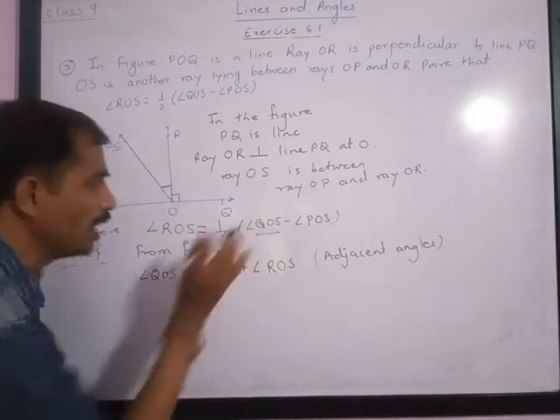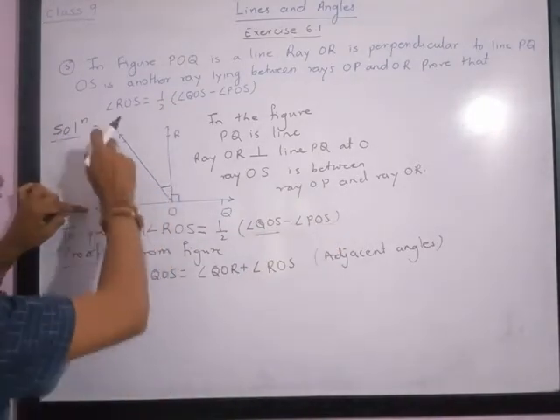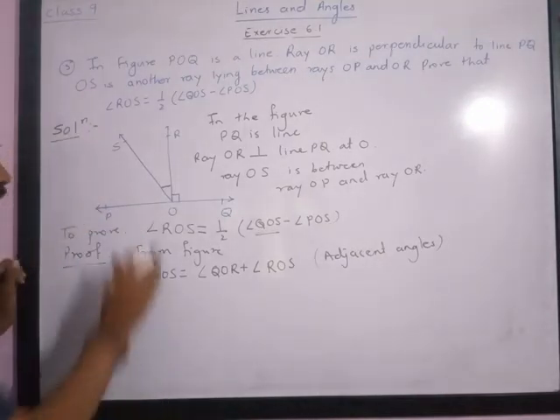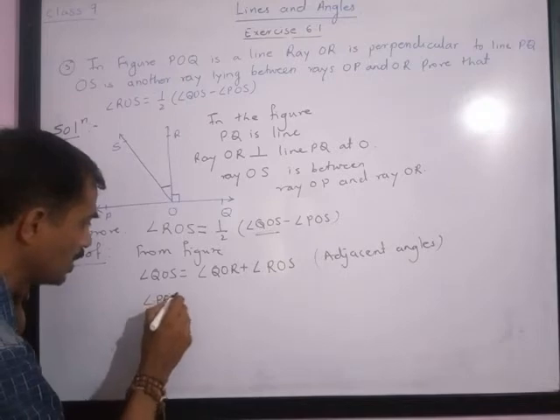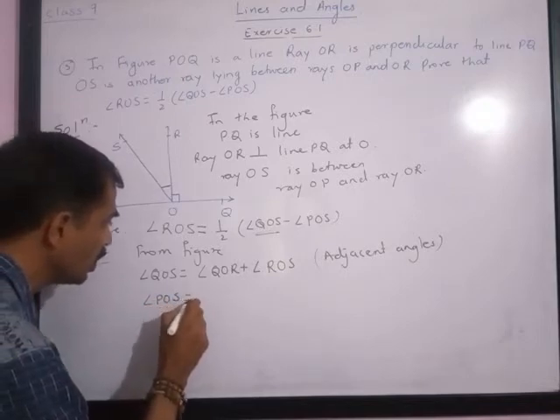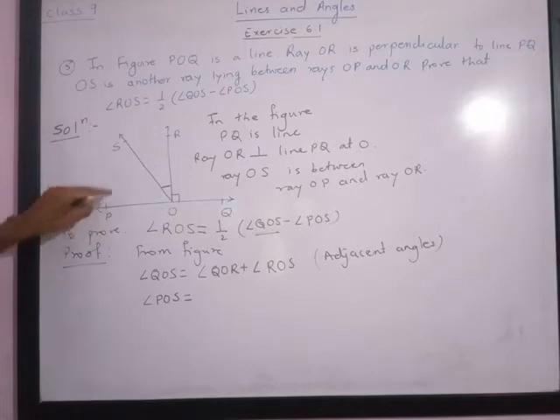Now we have found angle QOS. Now let us find angle POS. Look at the figure. Angle POS is equal to angle POR minus angle ROS.